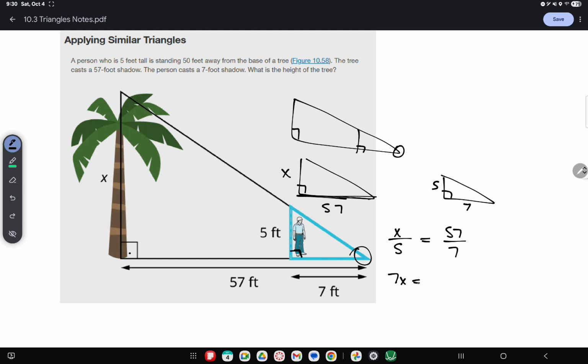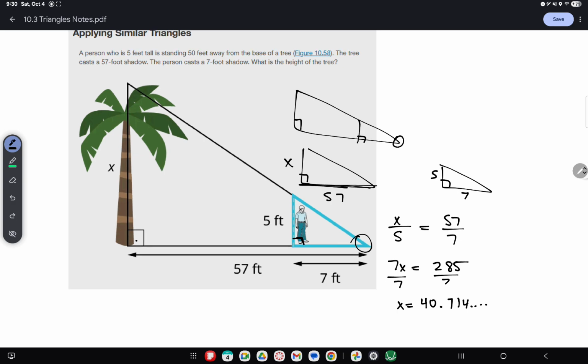So 7x equals, and then 57 times 5 is 285. And then I can divide both sides by 7 and get 40.714. And it keeps going, the decimal does. And it doesn't say what to round to, so let's just say 40.7 feet.